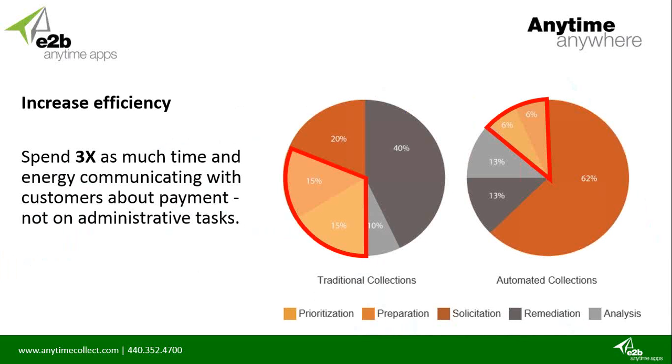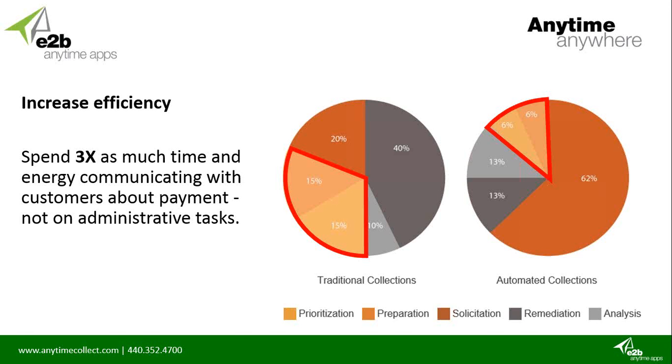This is some information that we've gathered from PayStream Advisors. They're an analyst firm. They cover the AR and AP automation space. And one of the studies that they did shows on the left here a traditional collections process. So in traditional collections, this is manual, right? We're printing agent reports, we're trying to figure out who to call, what to do.